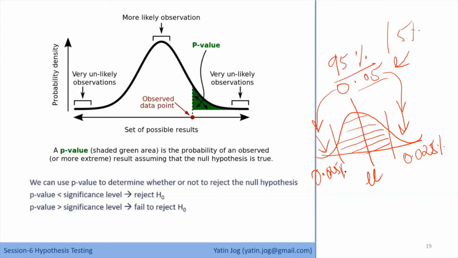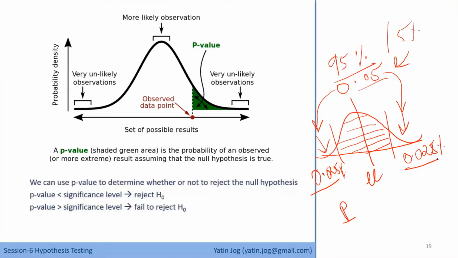Now you tell me, if my p-value is in this region, can I say that my p-value is in the reject region? Yes, I can say that, correct?